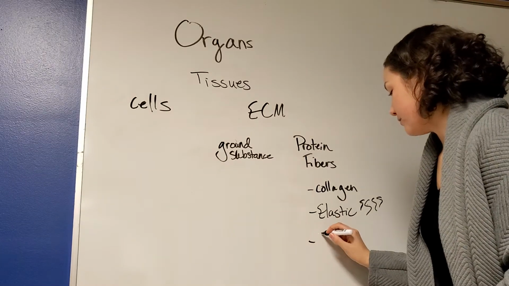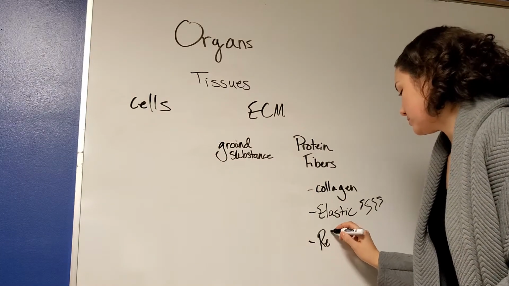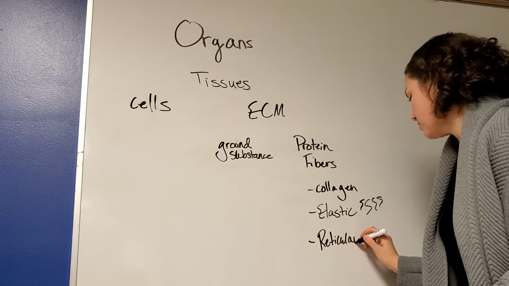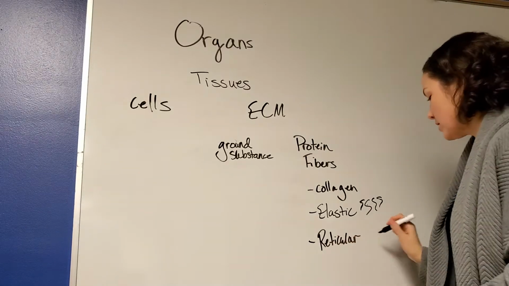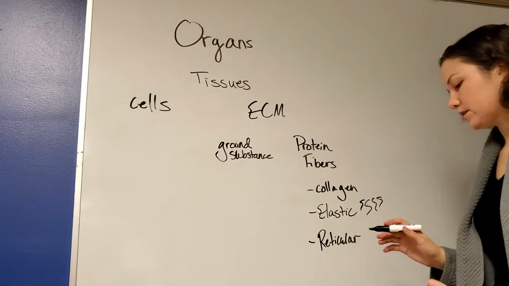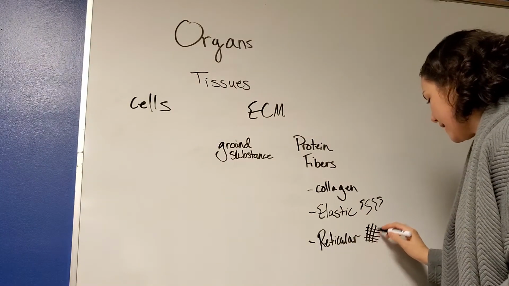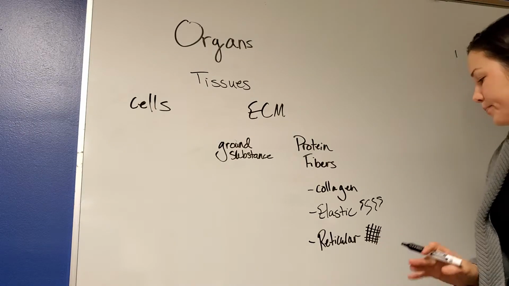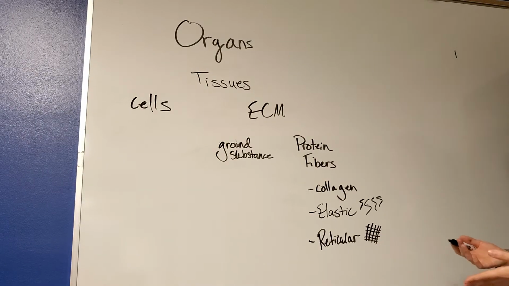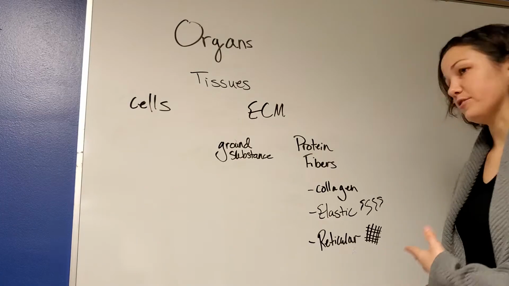And then lastly, you have the reticular fibers. Reticular fibers are described as a net, so just think of a nice net. They're also going to be supporting other structures.